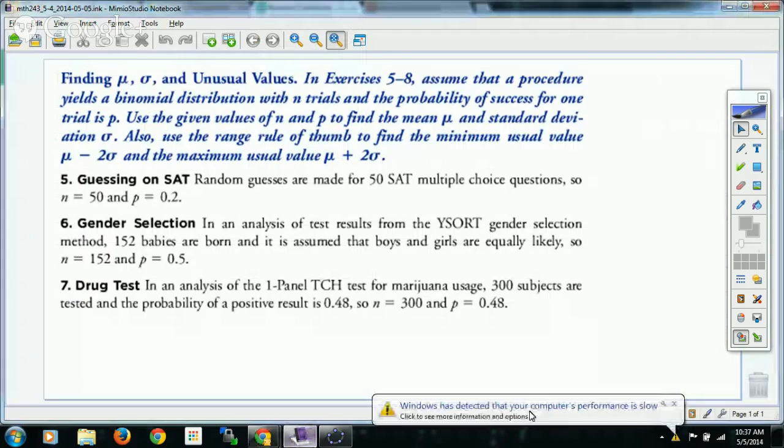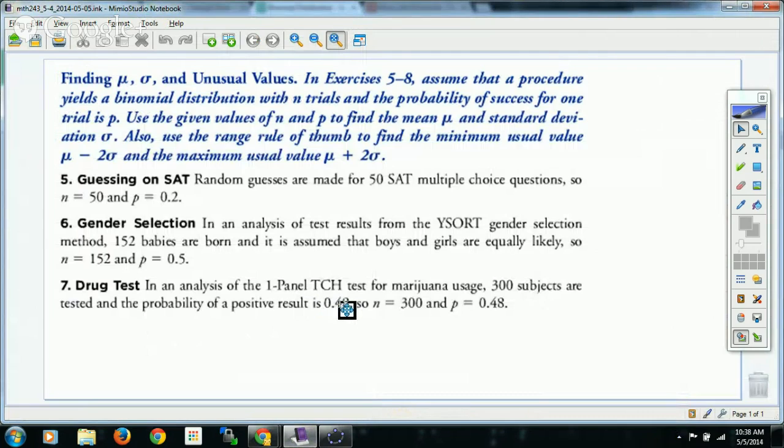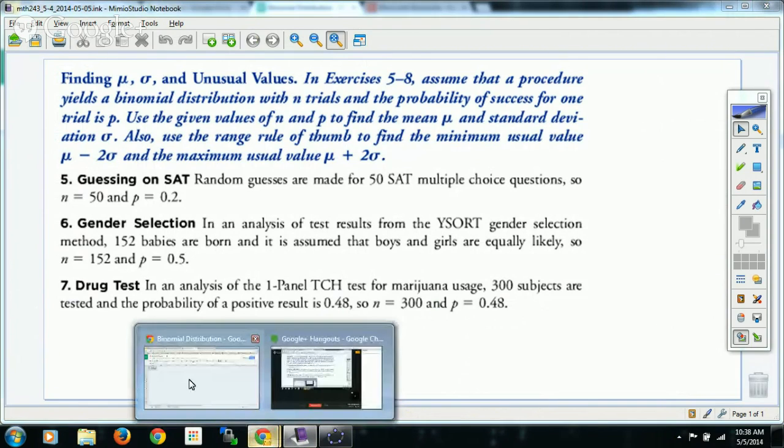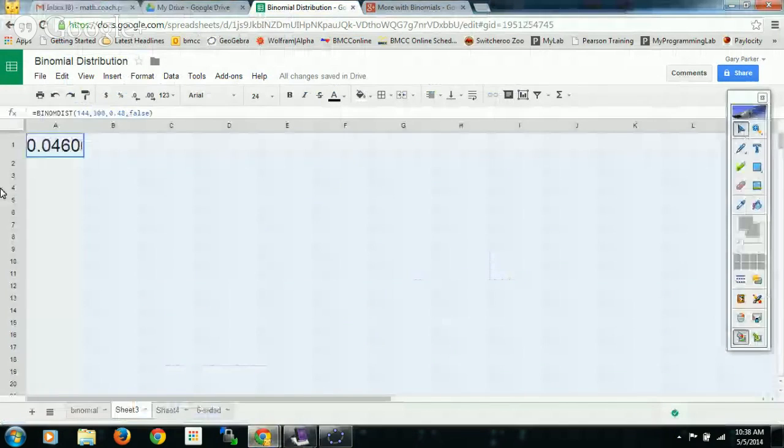This problem here again. We have 300 subjects, 300 trials. Probability of a positive result is 48%. What we want to know here is what is the mean? Well, that's n times p. I also want to calculate the standard deviation. I need some kind of calculator.